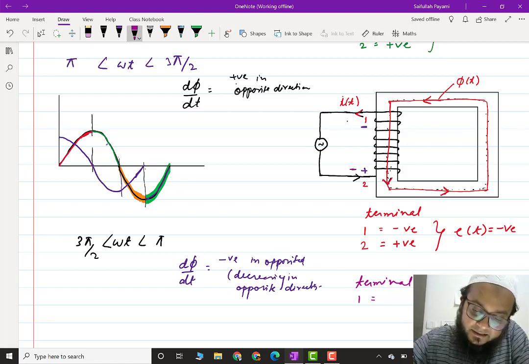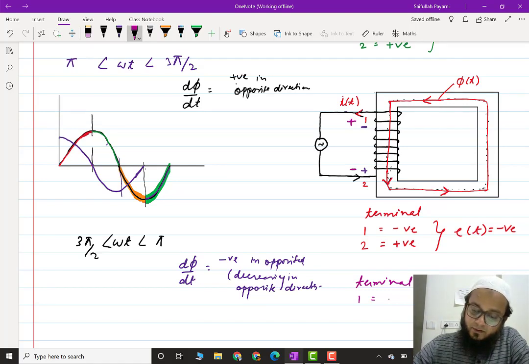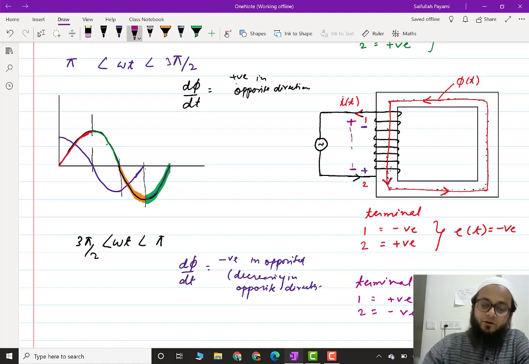So terminal 1 is positive and terminal 2 is negative. You can check by the right hand rule as well. The induced EMF will try to push the current in this direction. So obviously current will enter in this direction. So this is the direction of the induced EMF.